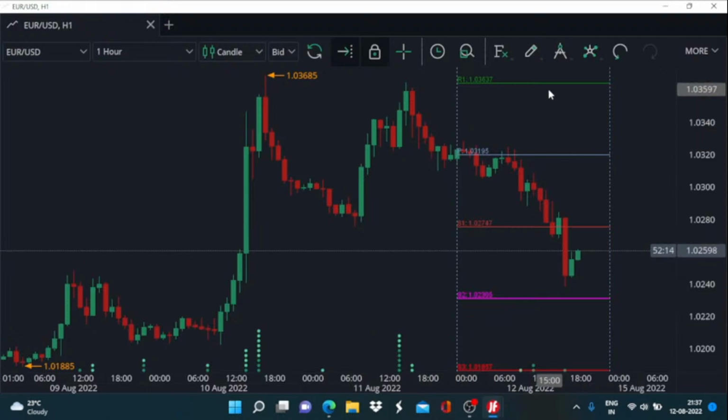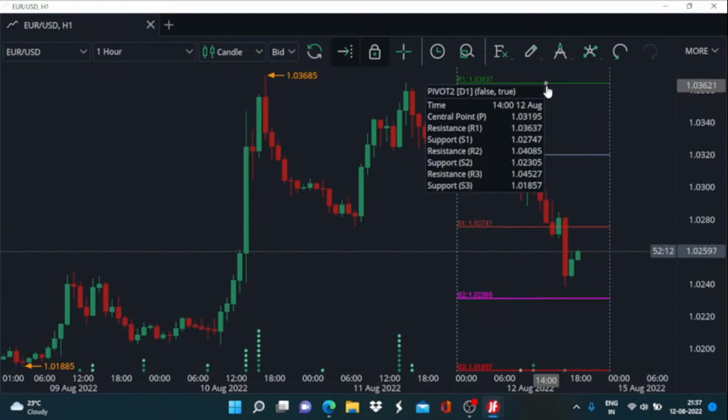Similarly, we can utilize the resistance levels, R1, R2, and R3, to look for the resistance faced by the underlying instrument. And if we see the underlying instrument consolidating closer to these levels, and if there is the chance of possible reversal, we can also take the trade using these resistance levels.